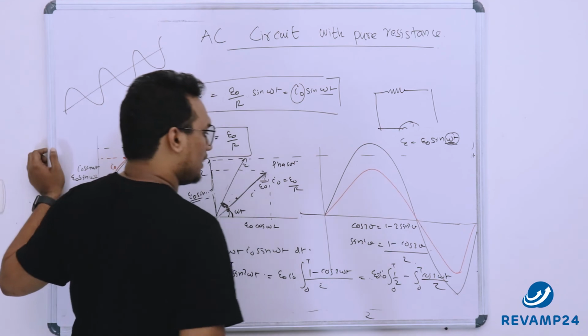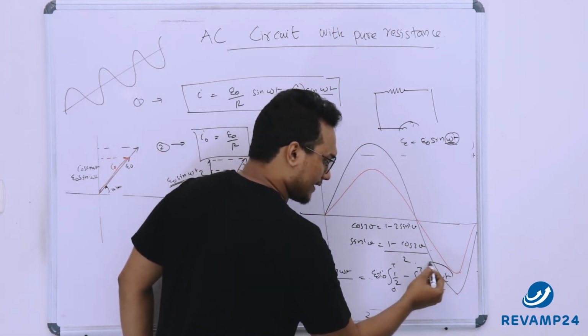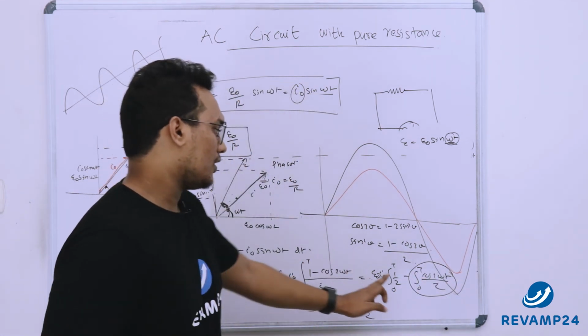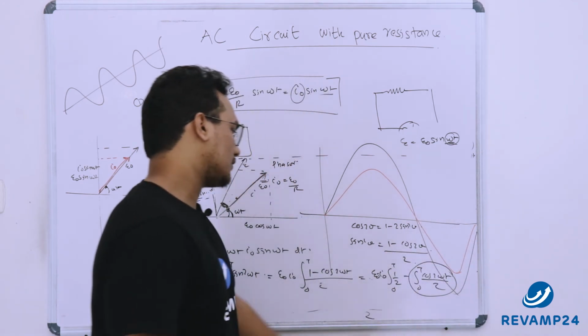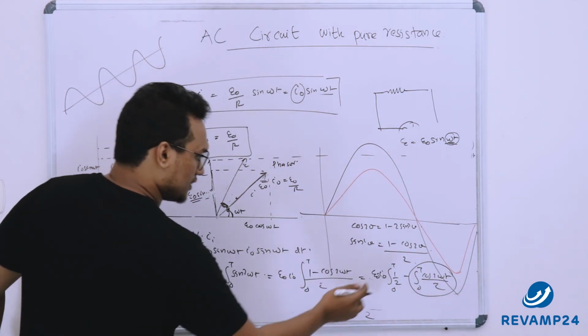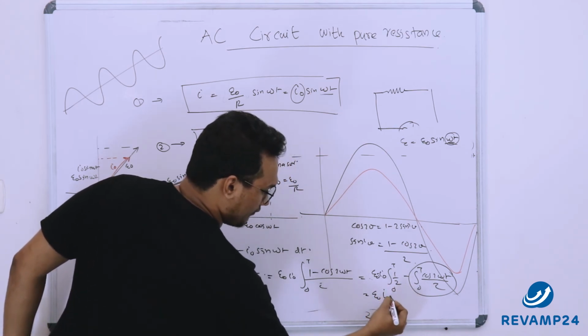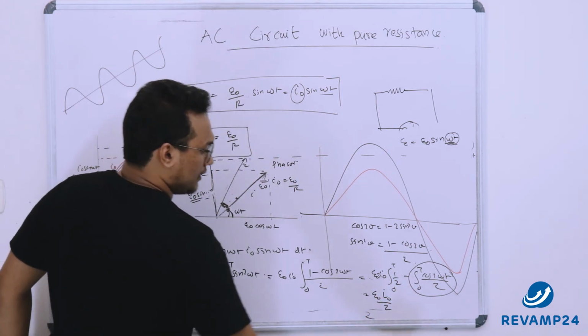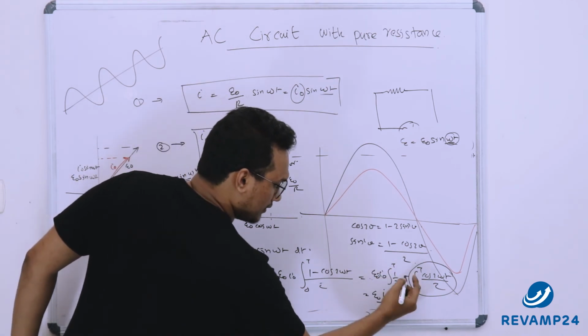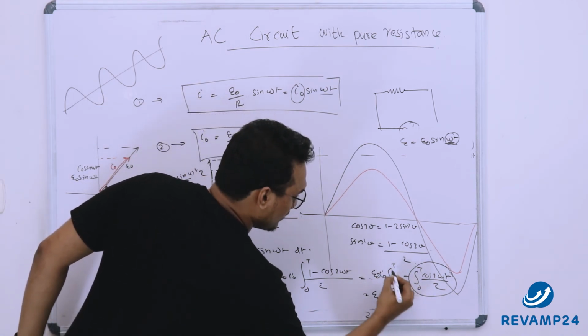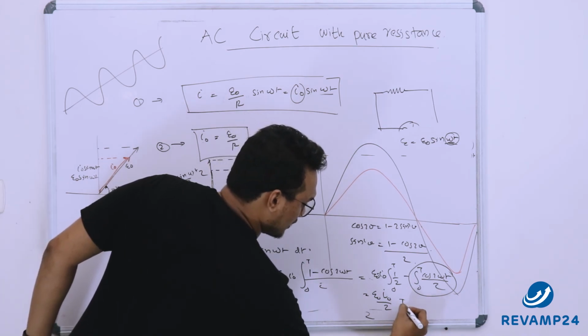And I have told you that the integration of a cos or sine function over a complete cycle is 0. Now 1 by 2 will come out, E0 into I0, and the integral of dt will be t. Now put the upper and lower limits, so t minus 0.